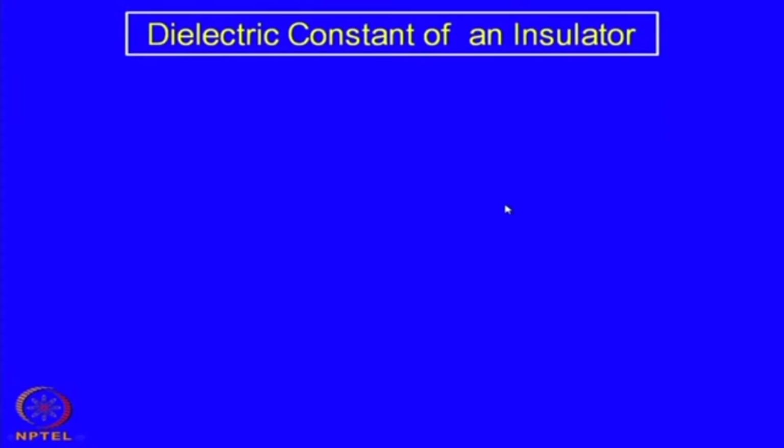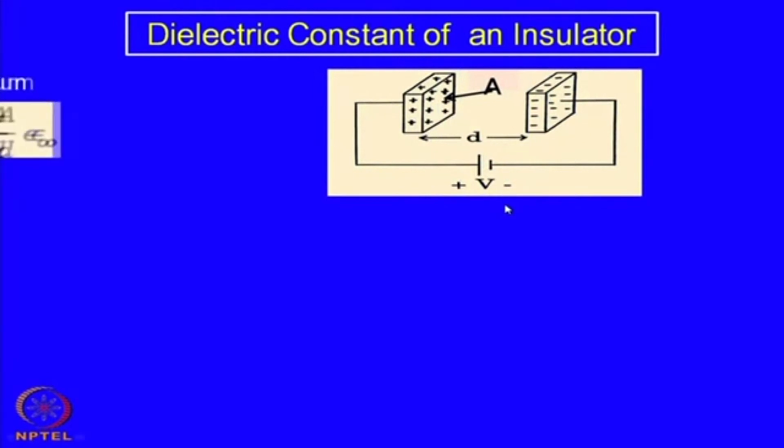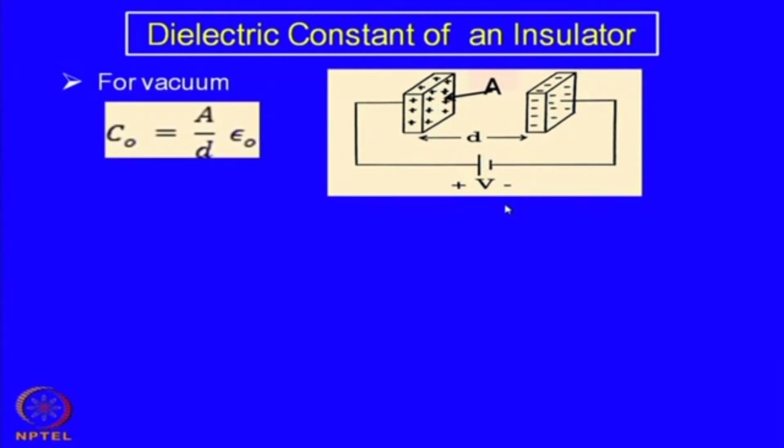We can see some more equations like this, the same for the vacuum. Whatever equation we have written earlier is C0, the capacitance. Capacitance is a geometric function. So, it is A by d, A is the area, d is the distance, and we introduce a term called epsilon 0, epsilon 0 multiplied by A by d, that is the capacitance of this simple device.